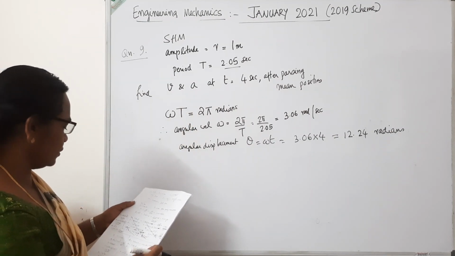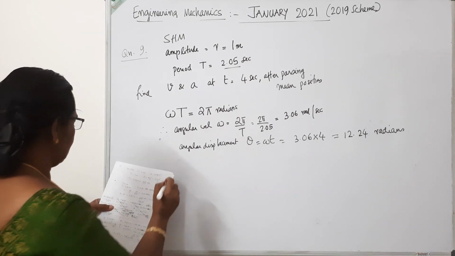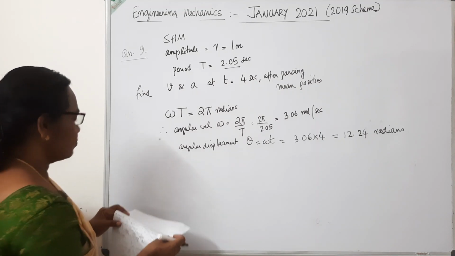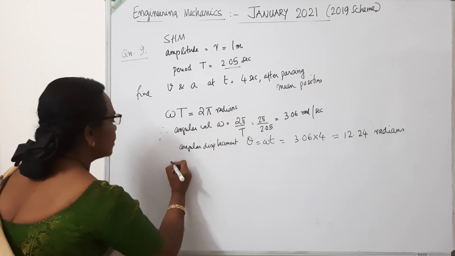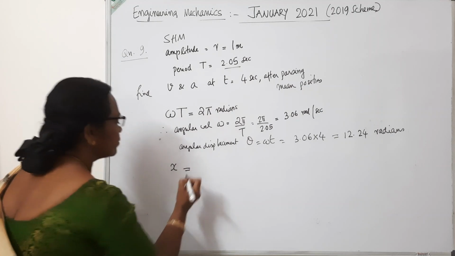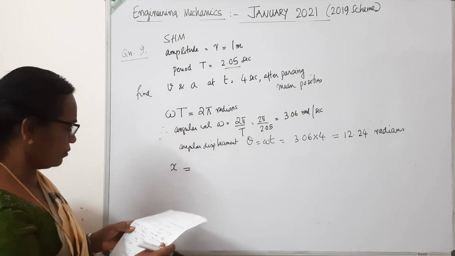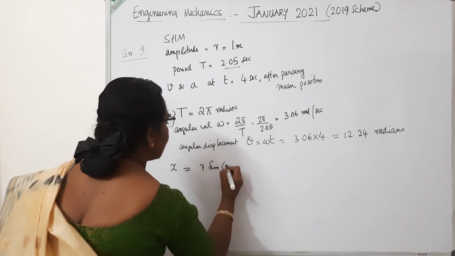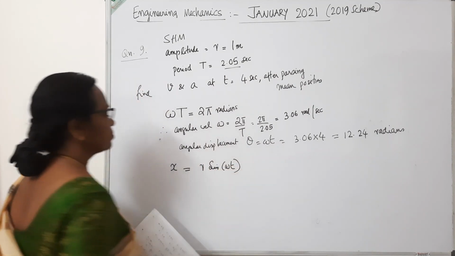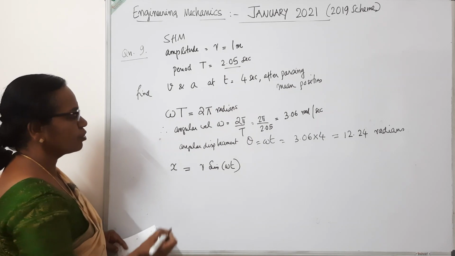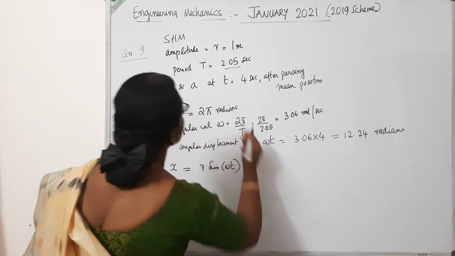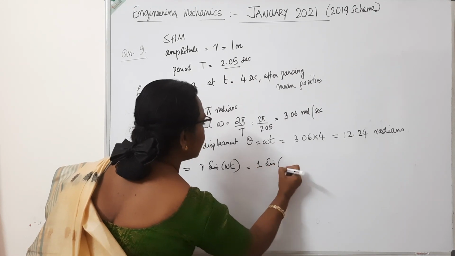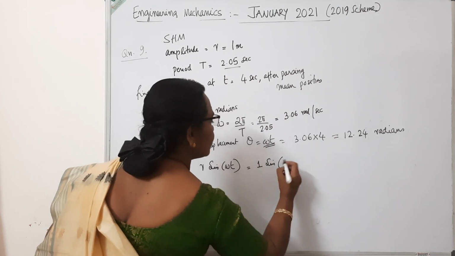How will you find the velocity? Let's first find the displacement x. X is equal to r sin omega t, with r equal to 1 meter, so 1 sin of omega t, which is 12.24.